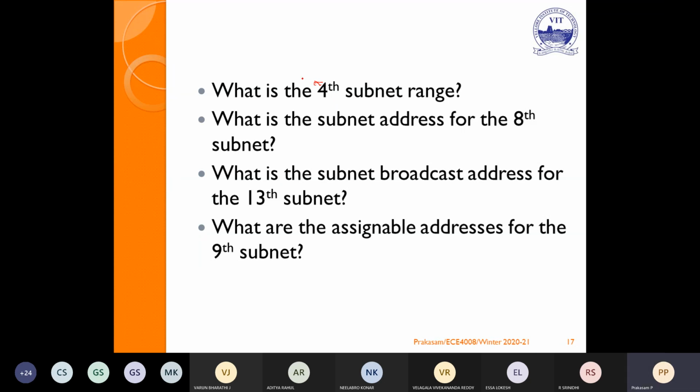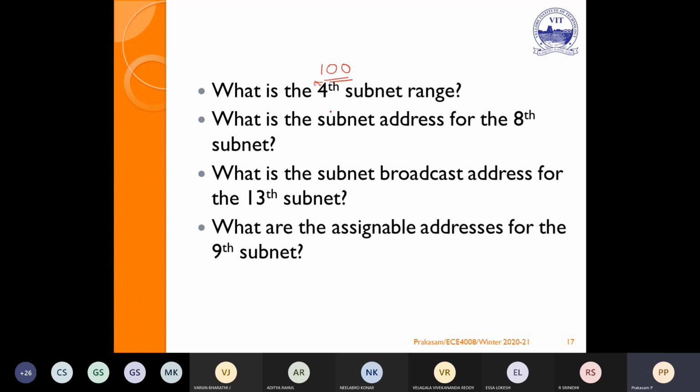What is the binary equivalent for 4? 0100. So that is 4 zeros, then 0, 1, 0, 0. Right, this is the equivalent for 4.